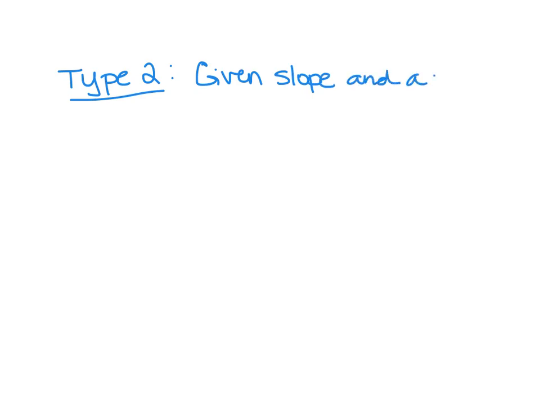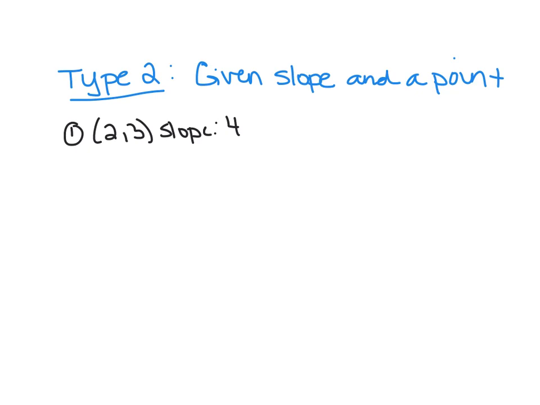All right, so now we're going to go to type 2. So now this is where the new stuff starts, and this is something that you're going to have probably early on next year in high school. If you are given slope and a point, okay, like this. So if you are given a point, and let's just say slope is 4. Once you figure this out, you do the same thing every time.